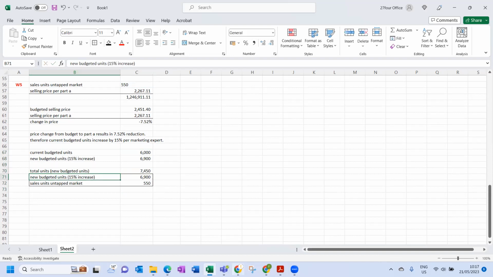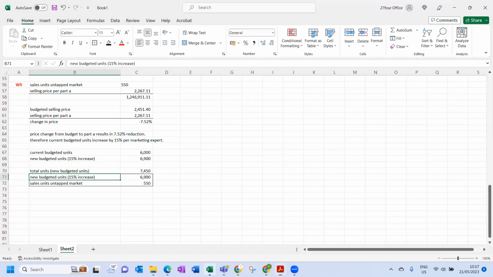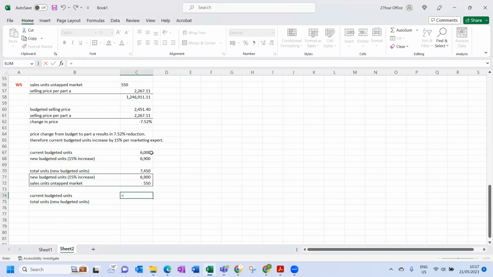So now, remember what we need to work out as well is the following. If our increase is more than 20%, we will have a 5% cost reduction. So we need to work that out as well. Current budgeted units is 6,000 and our total new budgeted units is 7,450.